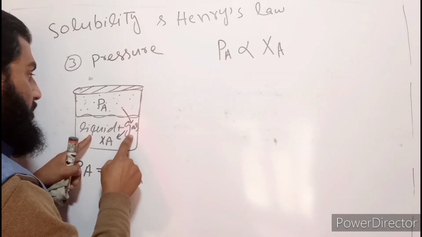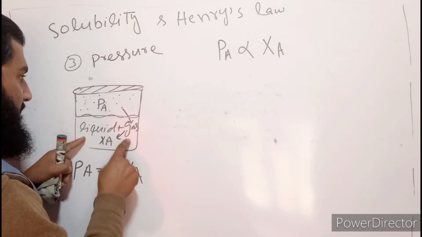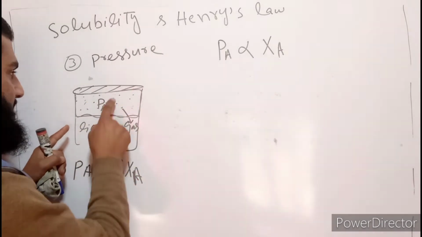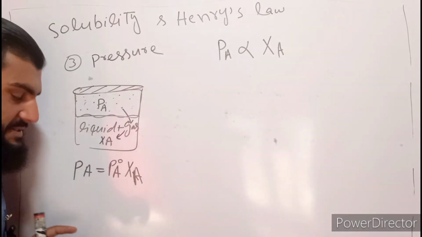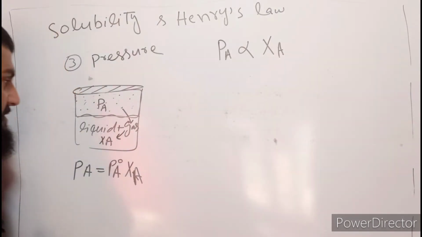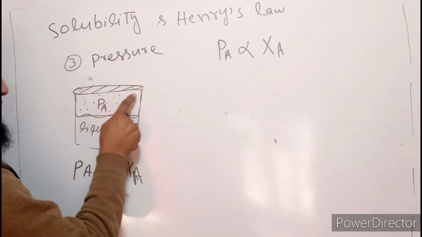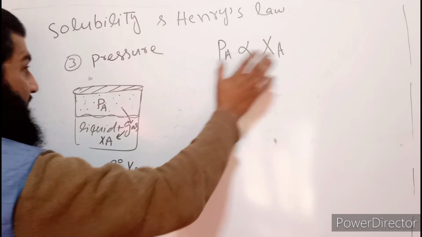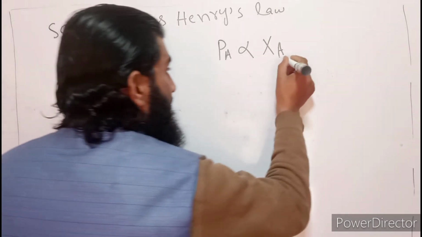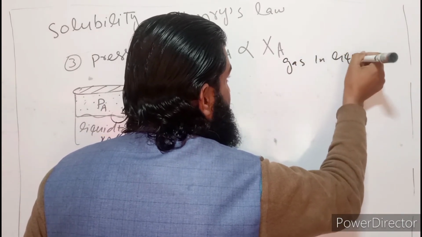So if we have dissolved a large number of gas molecules in this solution, in this empty space there will be more vapors of this gas. Clear? So according to Henry, the partial vapor pressure of the gas above the liquid surface is directly related to the mole fraction of gas in the liquid or in the solvent.